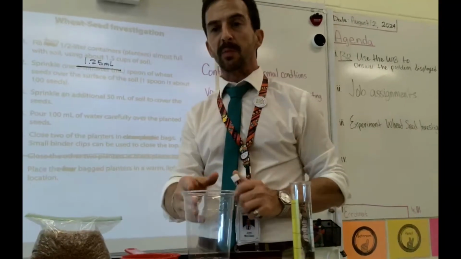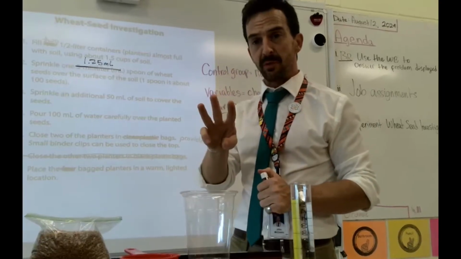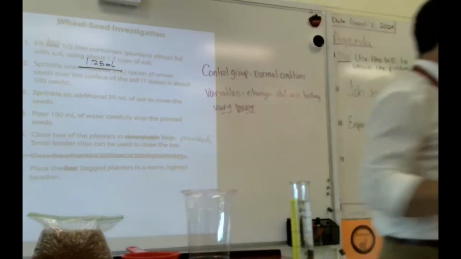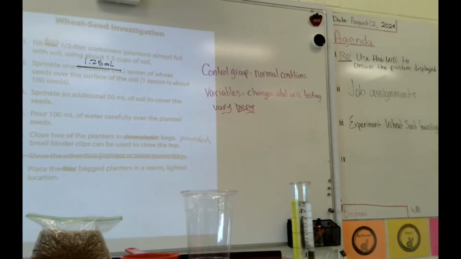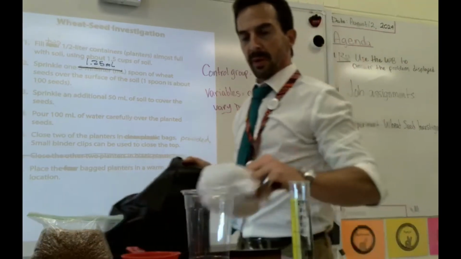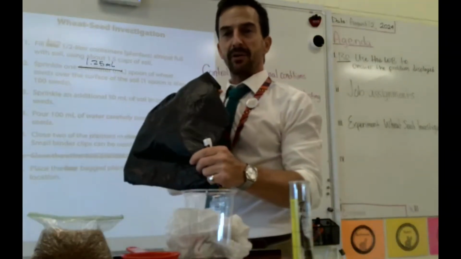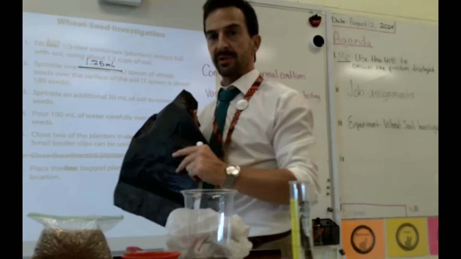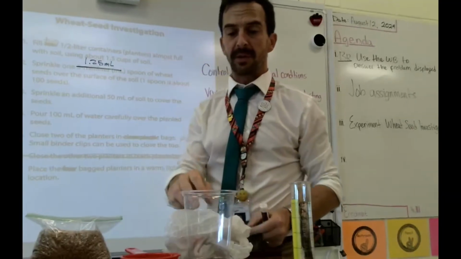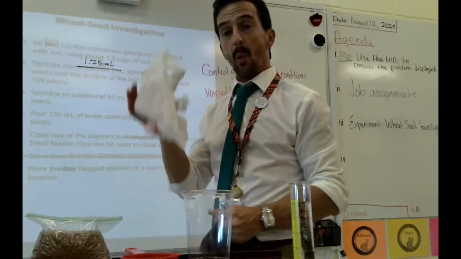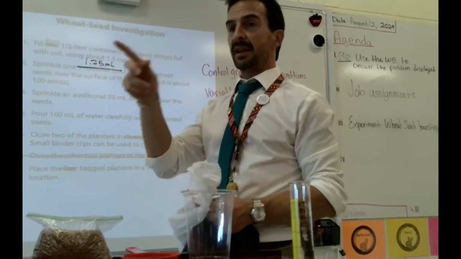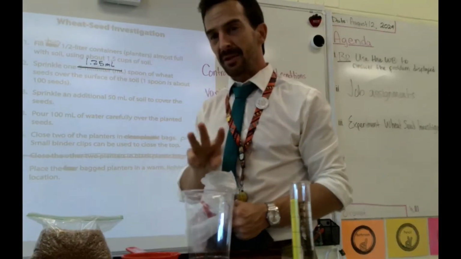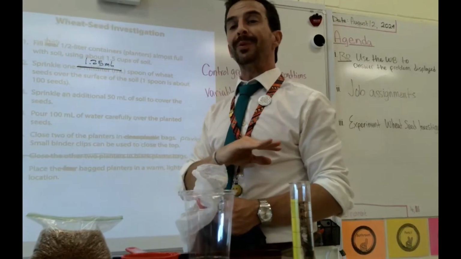We are going to set up our experiment by using soil and water and planting seeds in these cups. And then we will place these cups into 3 groups. One group of cups will be put in these black grocery bags and placed in the windowsill.